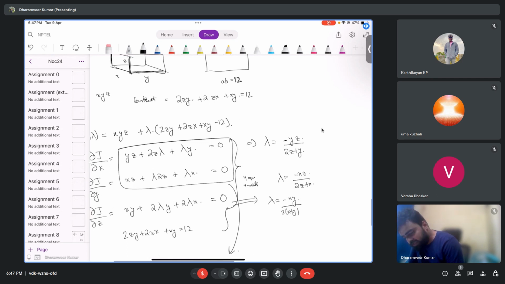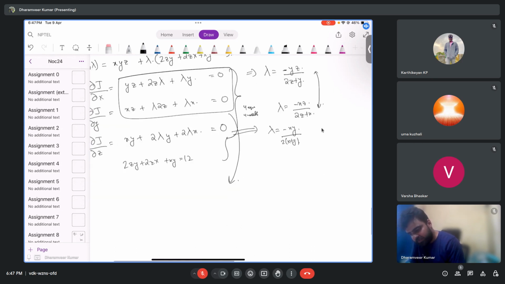If we substitute these, we use this, okay, and z is not equal to 0.